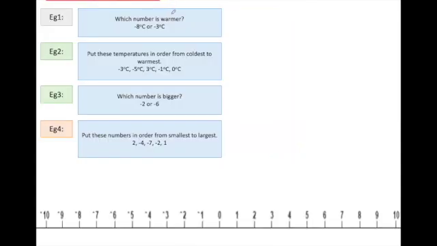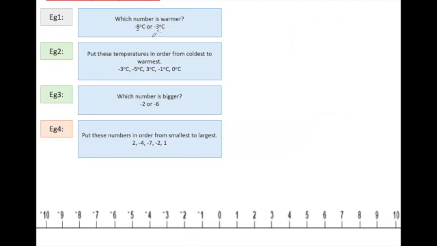Next, coming to the exercise, which number is warmer? It's talking about temperature because we have degrees Celsius, and the warmer number is the number which has higher value. Now we are given two negative numbers. Whenever we have two negative numbers, what we have to do is choose the number without the sign. You have 8 and 3.